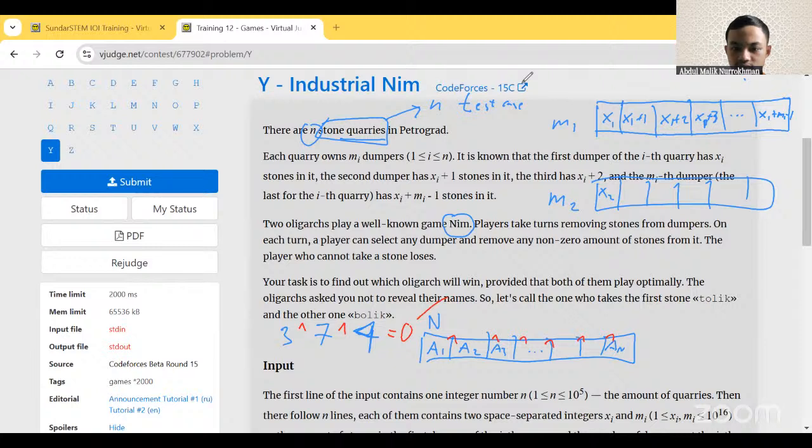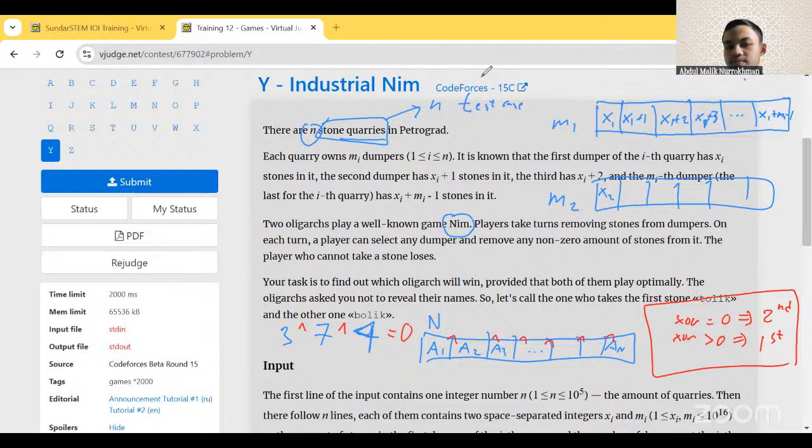Equal to 0? Yes, second. If the XOR is equal to 0, then second. Otherwise, if the XOR is greater than 0, then the first player wins the game.